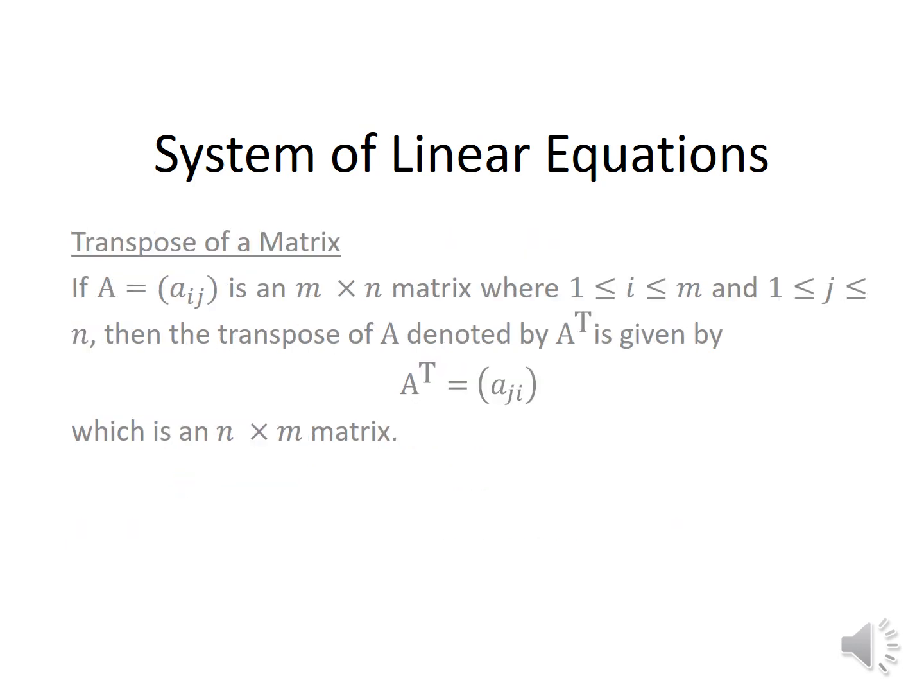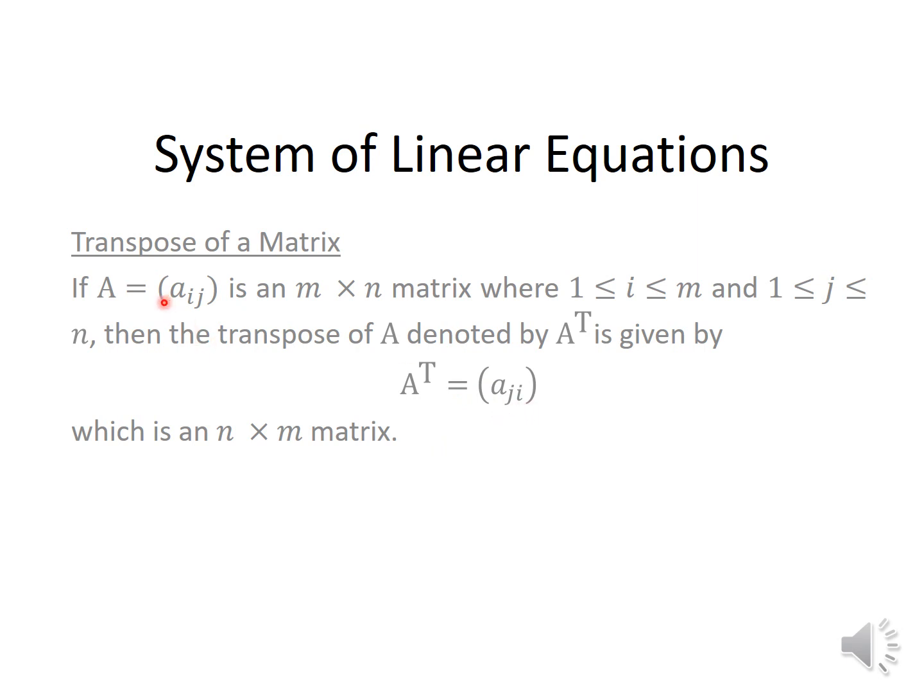For the transpose of a matrix, if matrix A is an M by N matrix, where I represents the row and J is the column, then the transpose of A, denoted by this symbol, is given by AJI.